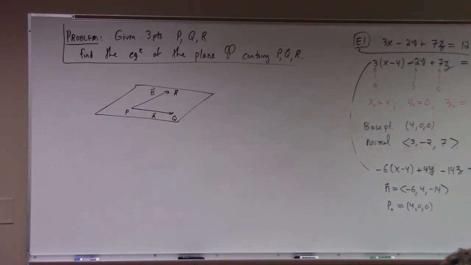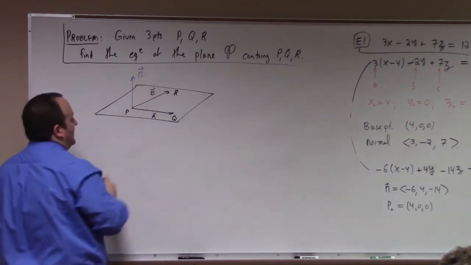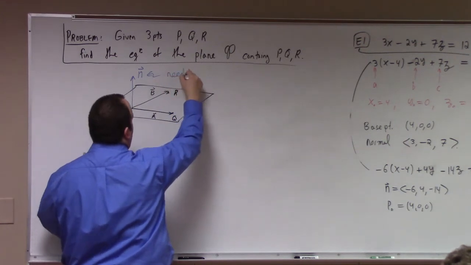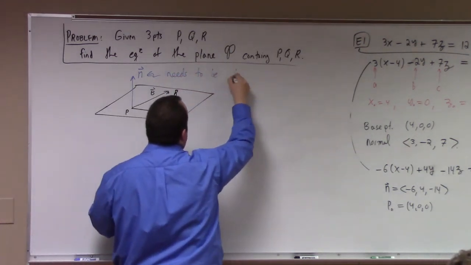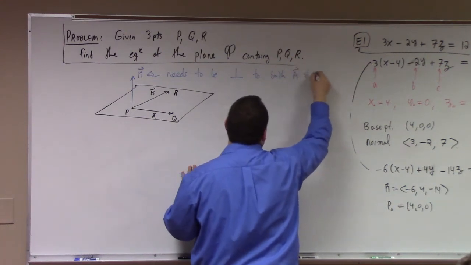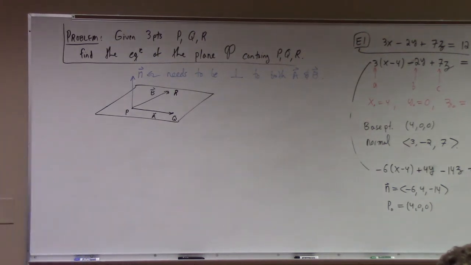That's the problem: how do you find n? It needs to be perpendicular to both A and B. How do you find a vector which is perpendicular to a given pair of vectors? If we could do that, then we'd have a way to solve this problem.